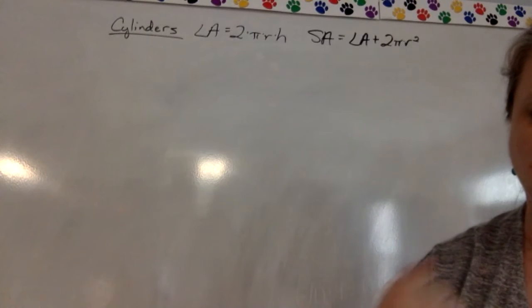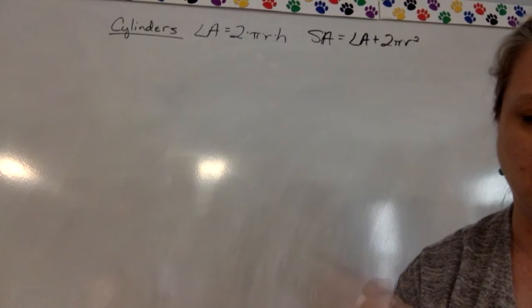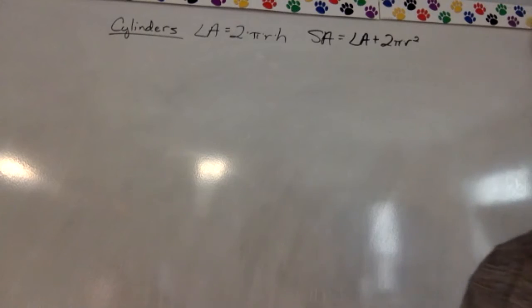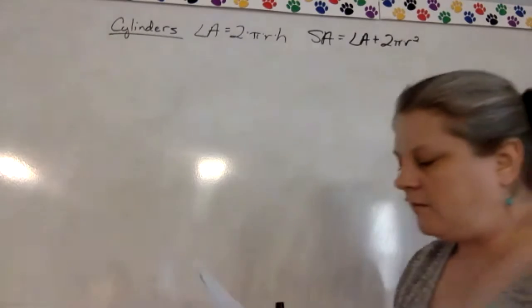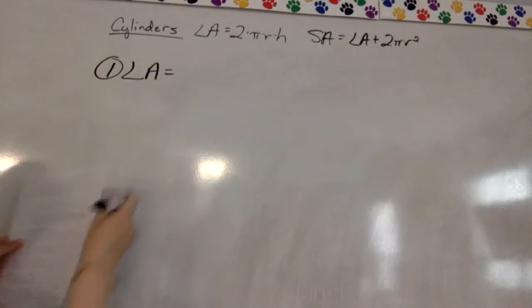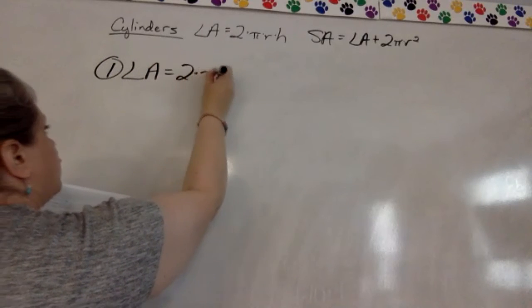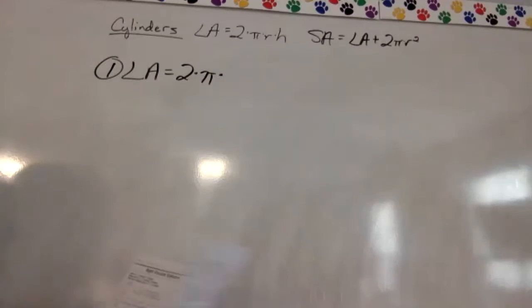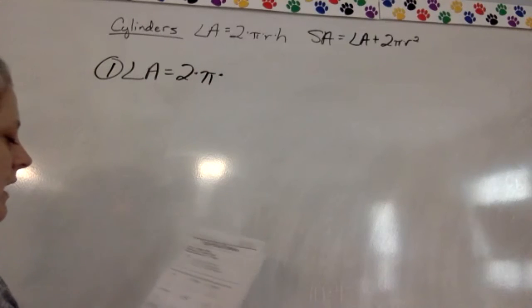So we should be able to do a couple of these real quick, and then you can work on finishing them up. Now for number 1, our lateral area says 2 times pi times the radius times the height. So the radius in number 1 is what?